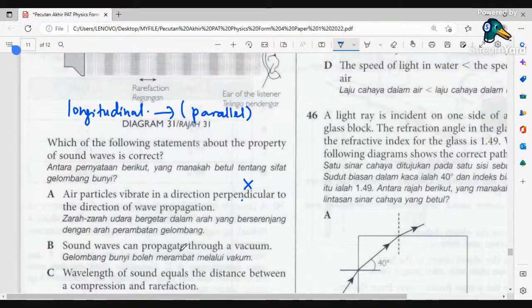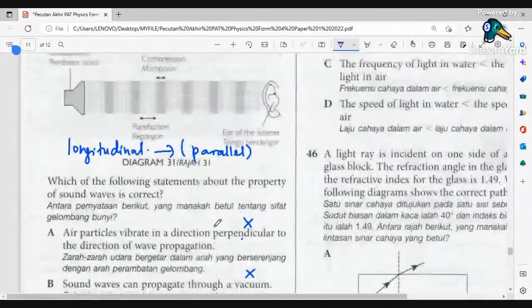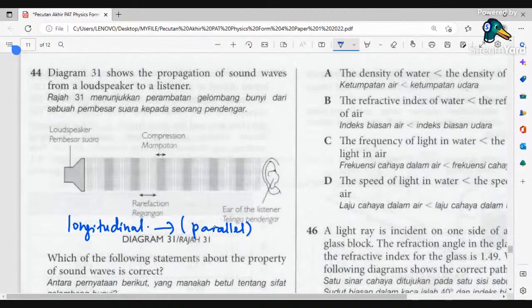Okay. Mana yang betul? Yang first salah. Sound wave can propagate through vacuum. No. No air molecules, no molecules cannot propagate. Okay, C, wavelength of sound wave equals to distance between a compression and rarefaction. No. Between consecutive rarefaction ataupun compression sahaja.